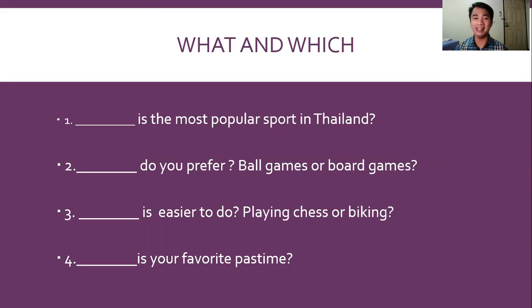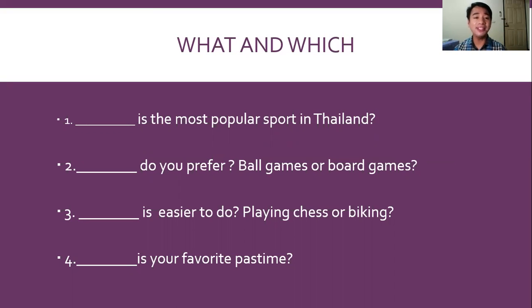For number one, blank is the most popular sport in Thailand. How will you ask the question? What or which? What is your answer? Blank is the most popular sport in Thailand.